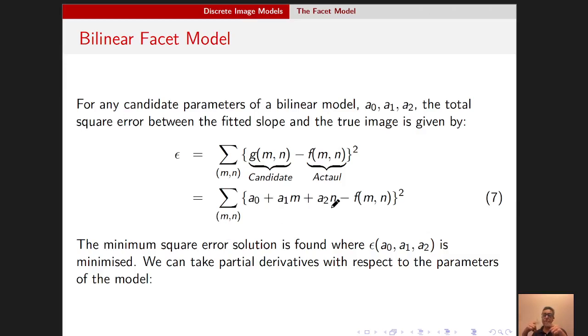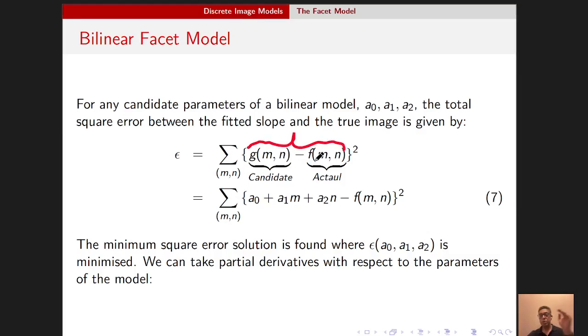To penalize both of these, the positive and negative, we square the deviation. The deviation itself, which is the term G(m,n) minus F(m,n), is the error.